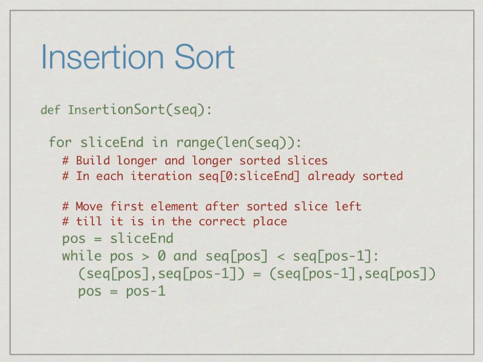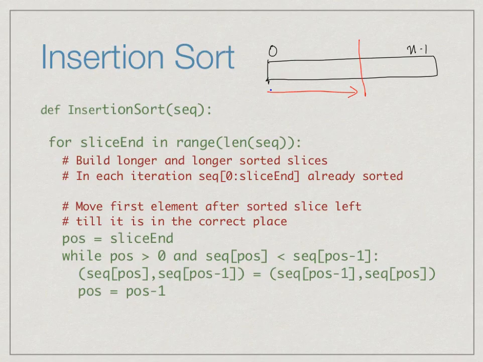So we can do this as we did with selection sort without building a new sequence. And here is a function insertion sort defined in Python which does this. So what we will assume is that at any given point, we have our sequence from 0 to n minus 1. And there is some position so that up to this point, everything is sorted.